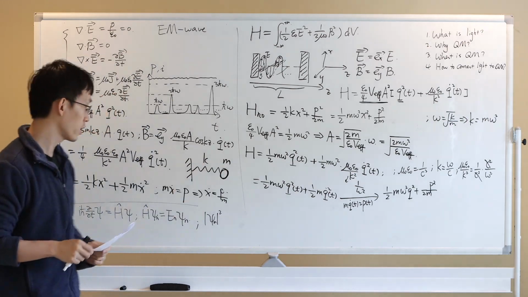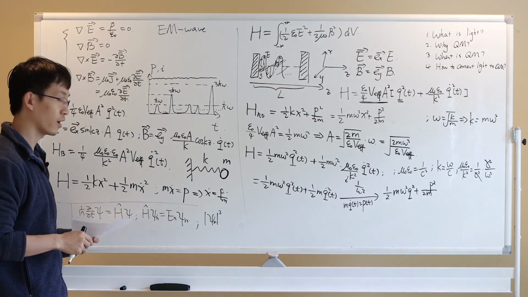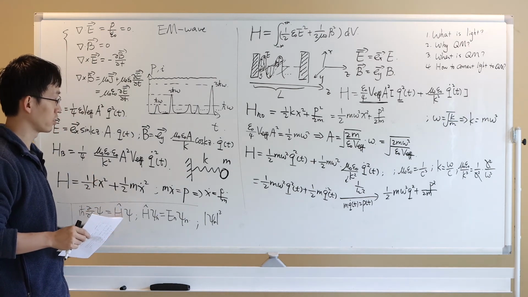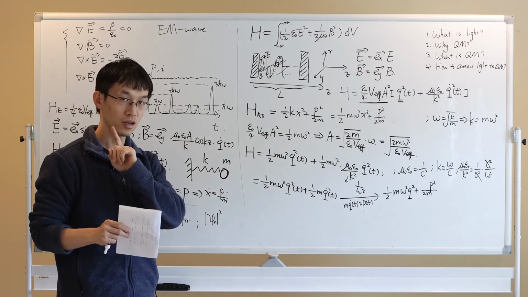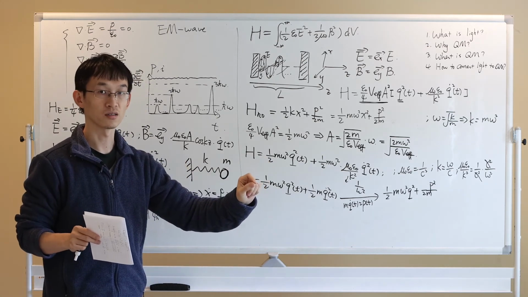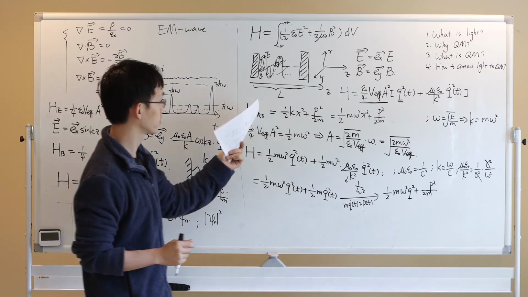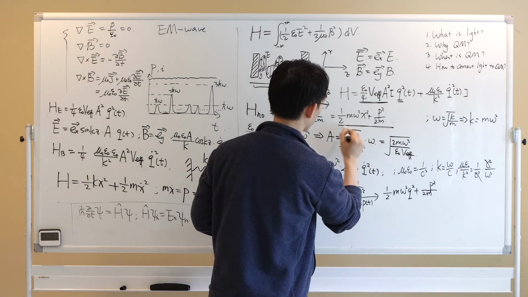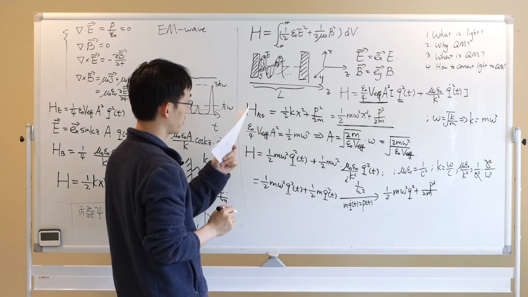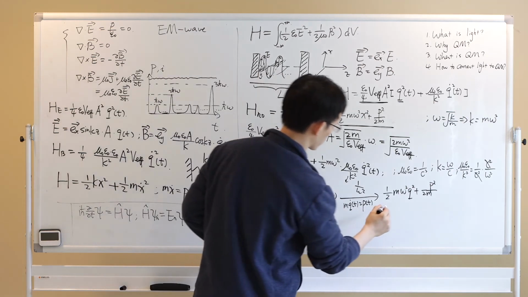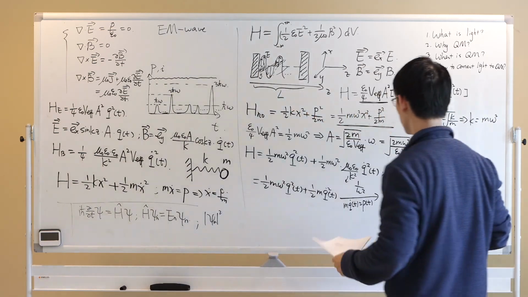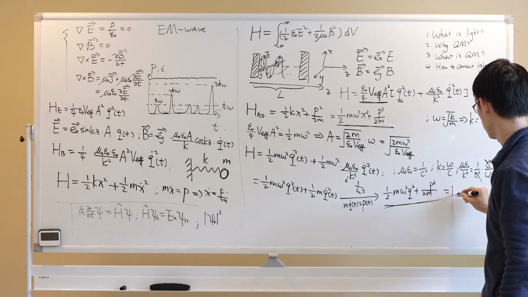So if you believe that knowing the energy of the system, then you know the evolution of the entire system, the evolution of the state of the system. Then based on that, the Hamiltonian of a harmonic oscillator is exactly the same as the Hamiltonian of the EM wave.